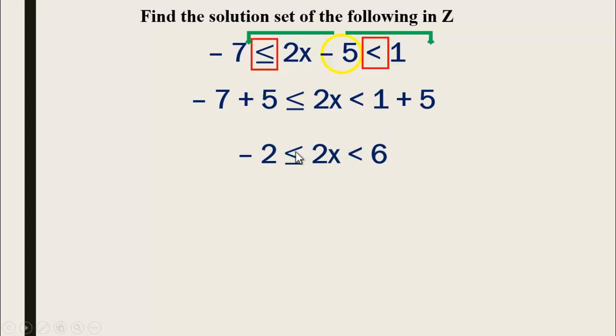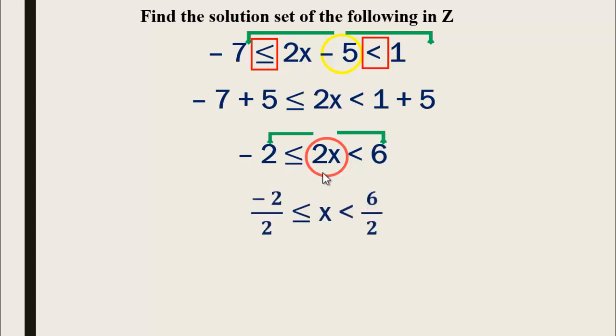So 2x is greater than or equal to negative 2, less than 6. Again, I have here an operation which is 2 times x. I will move the 2 to which side? To both of them. So x is greater than or equal to negative 2 divided by 2, and less than 6 divided by 2. x is greater than or equal to negative 1 and less than 3.